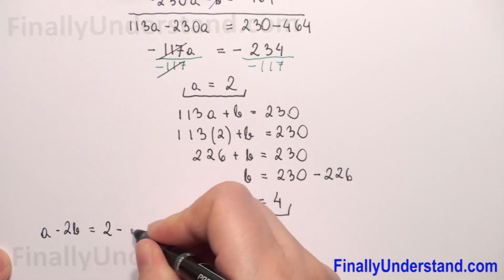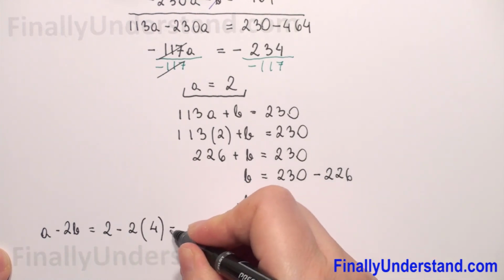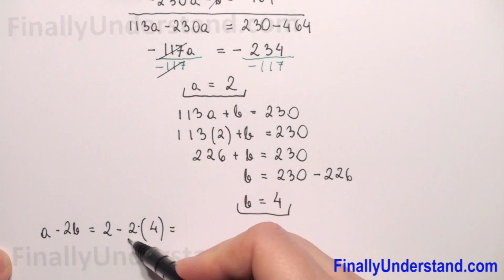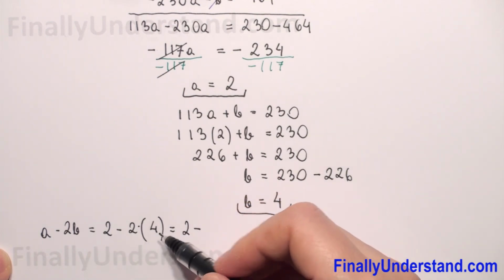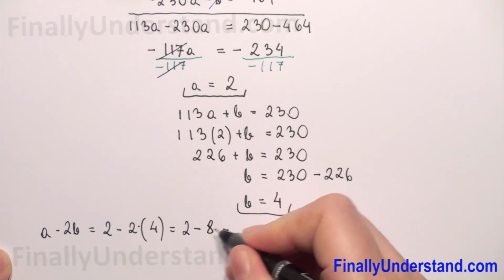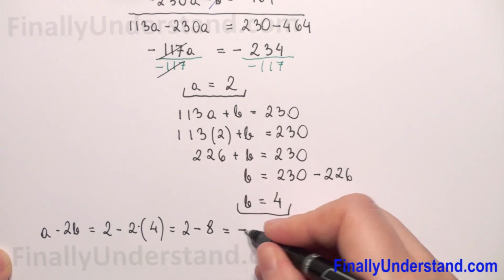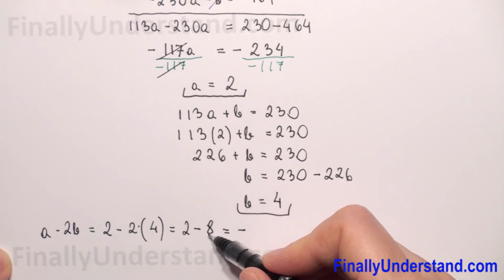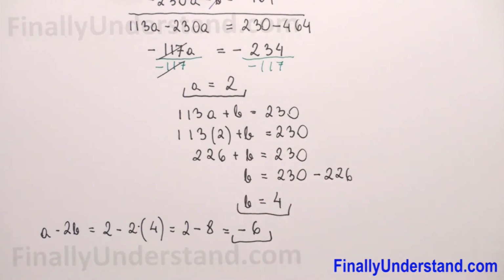So we have 2 minus 2 times b, which is 4. First we have to do multiplication. So we copy 2, negative sign, 2 times 4 is 8. 2 minus 8, again we copy the sign of the larger number, so it's negative because we have negative 8, and 8 minus 2 is 6. This is my solution.